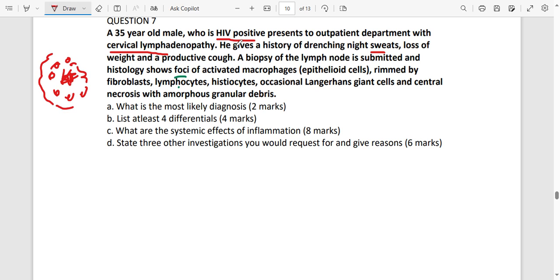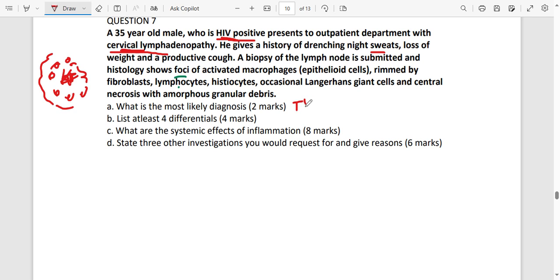So specifically, when you look at cervical lymphadenopathy in someone that has HIV, they are more likely to get other infections caused by Mycobacterium tuberculosis.